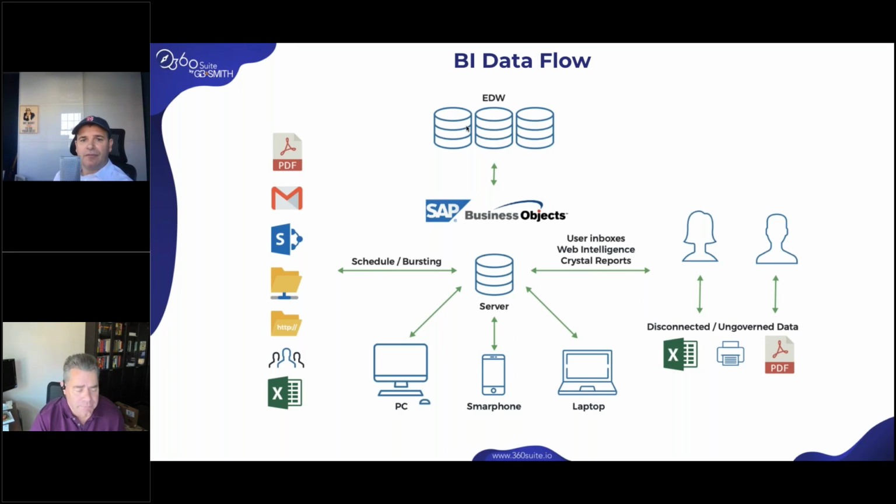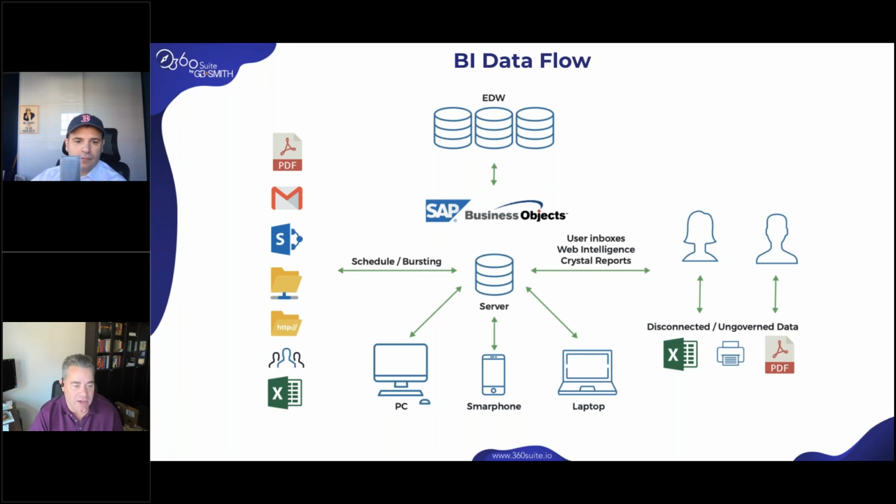Yeah, sure. So this gives us our classic example of where BusinessObjects resides in terms of the overall solution. BusinessObjects really becomes the hub of data flowing from our enterprise data warehouse, maybe pushing out via scheduling or bursting out to a variety of formats.